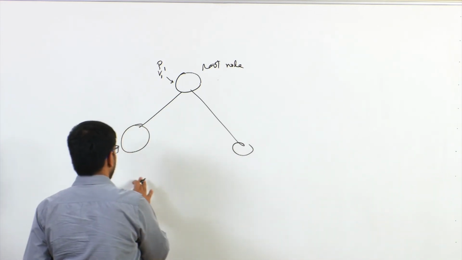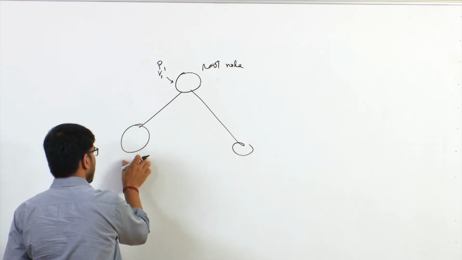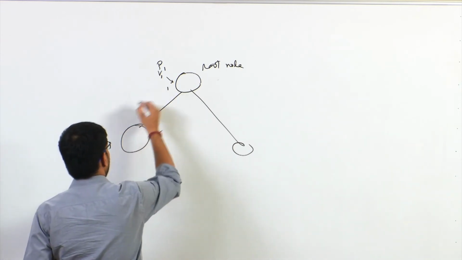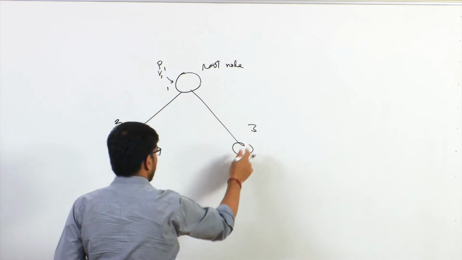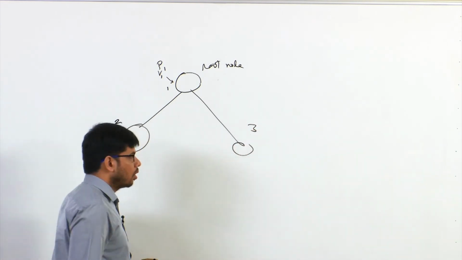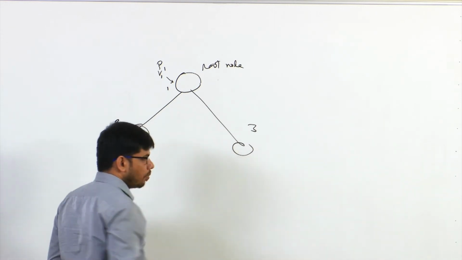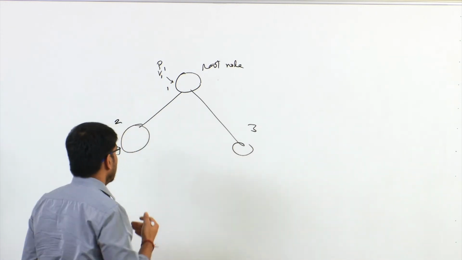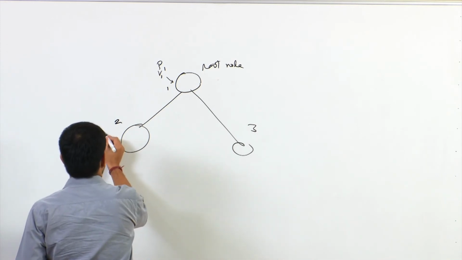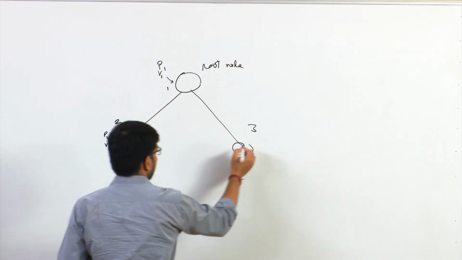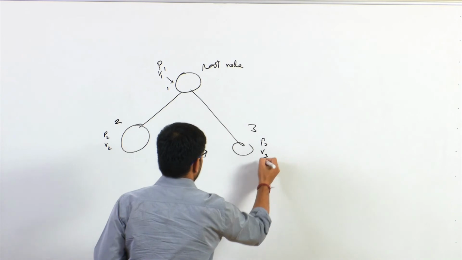We can always find an optimum split for node number 2, and we can also find an optimum split for node number 3. So which should be the next split? That is going to be determined by the impurity reduction, right. So P2 V2 here and P3 V3 here.